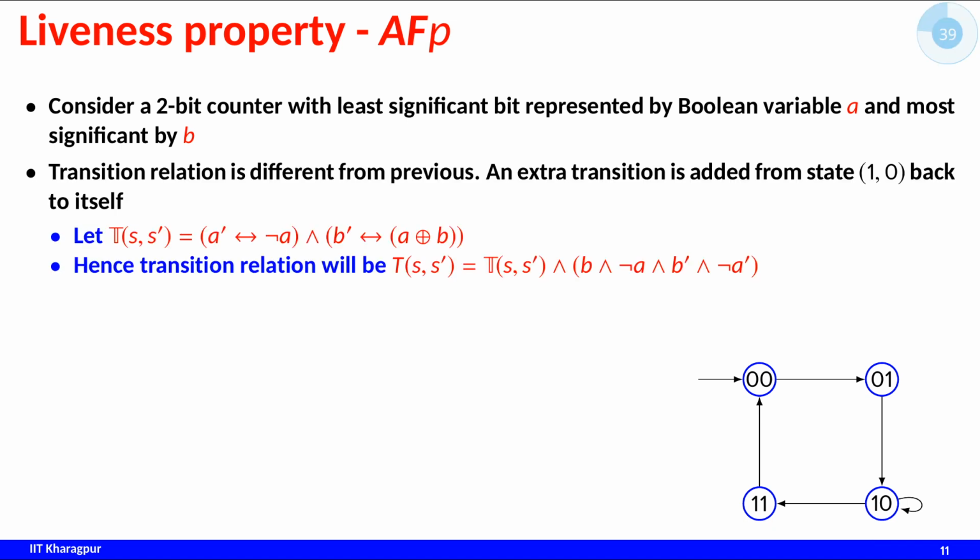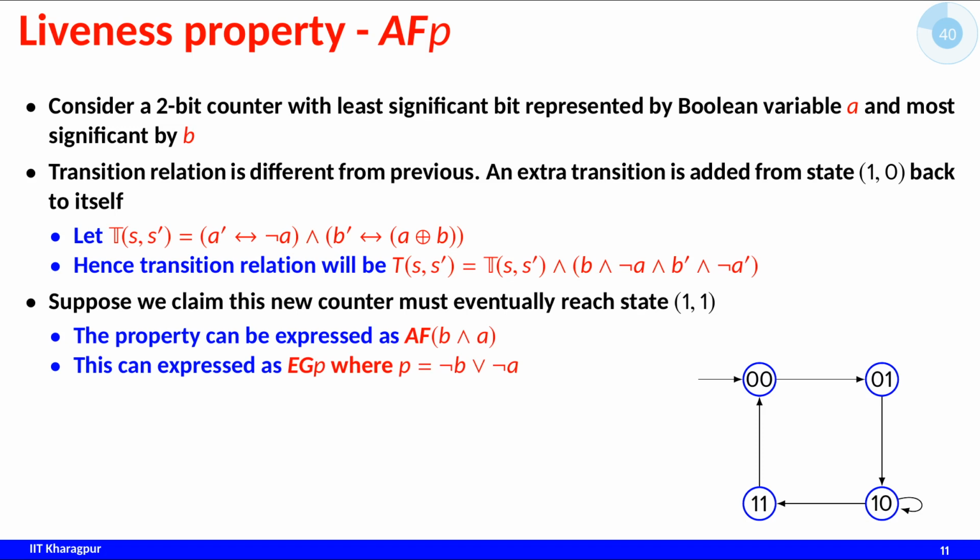So the transition relation that we will have will be the same as before, which is the basic transition relation, along with one extra transition. If I am at 10, then I make a transition to 10 itself. So the complete transition relation for this new diagram will be this one.